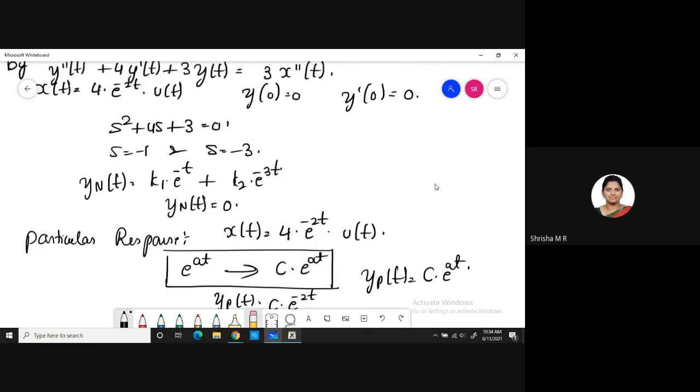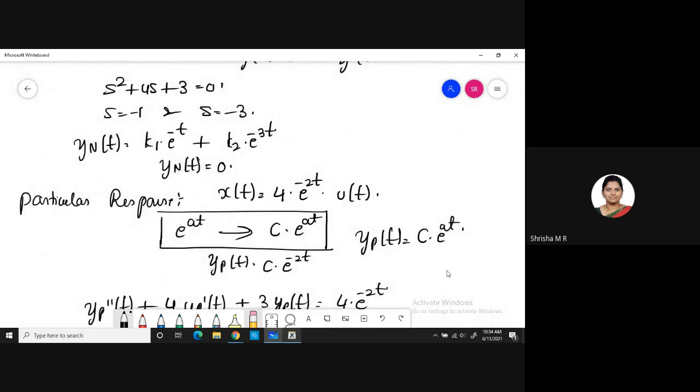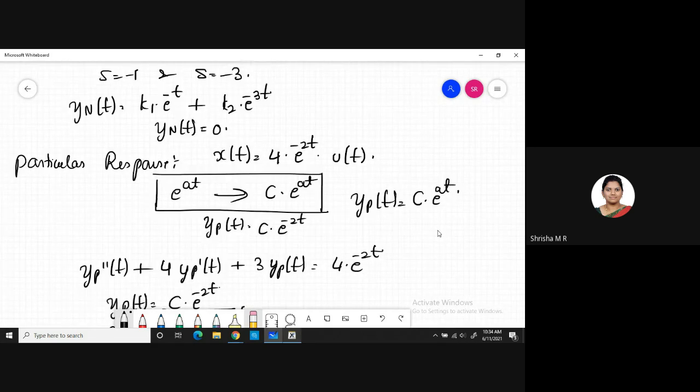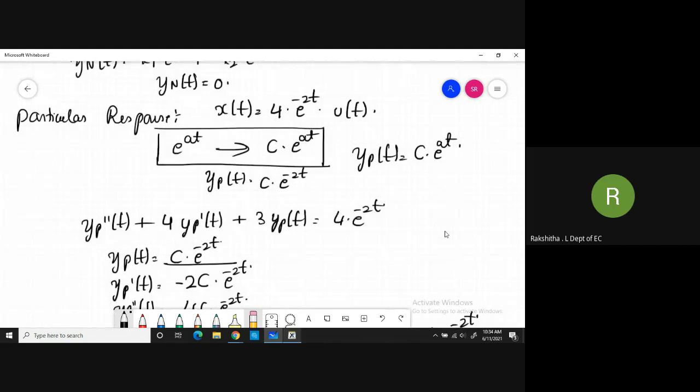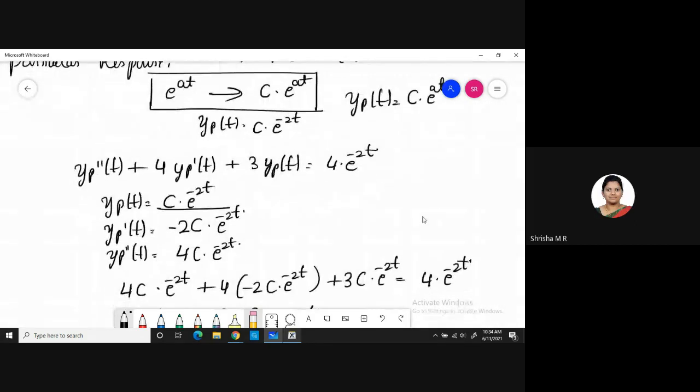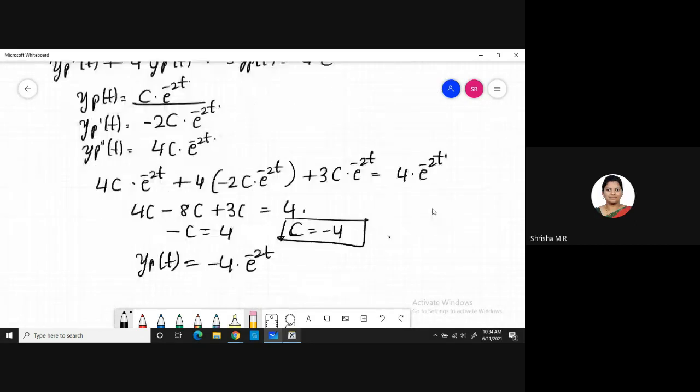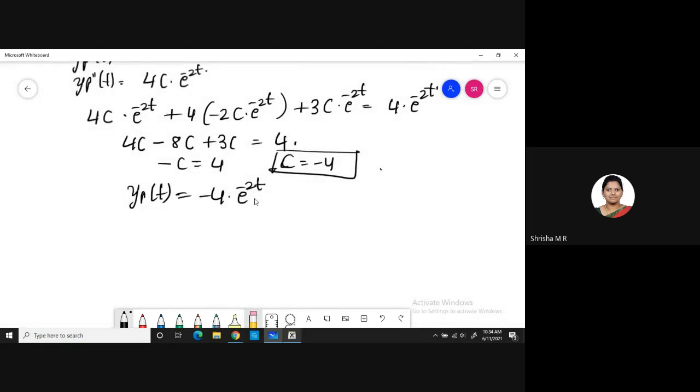So we have found the particular response. Now we find the forced response. Done? Rakshita, done? Yes, ma'am. So yp of t is done. Now you find the forced response, yf of t. It is natural response plus particular response.